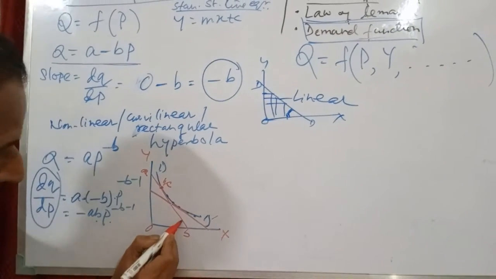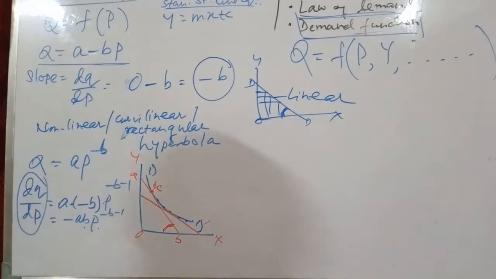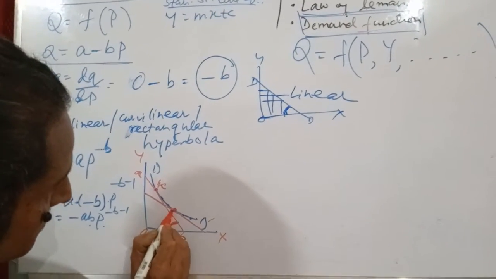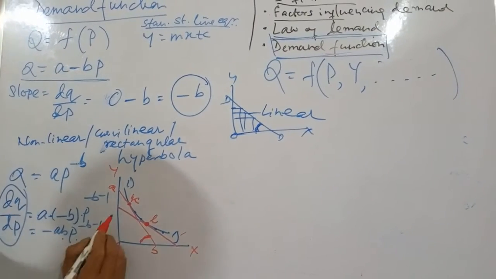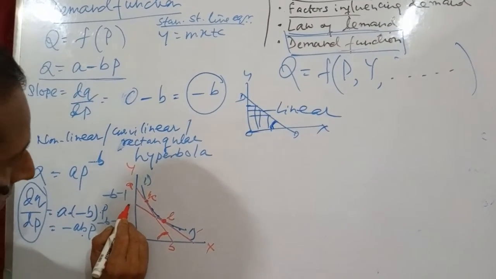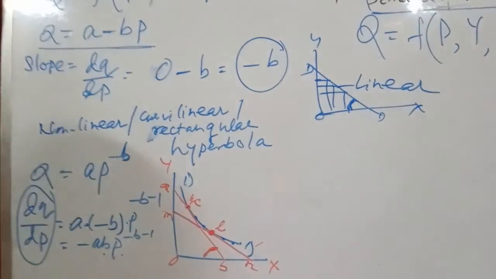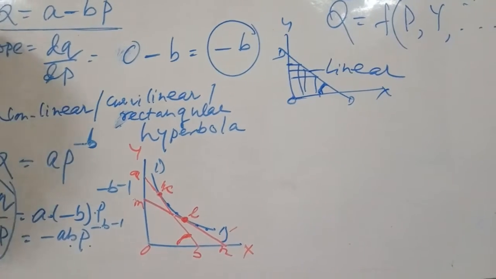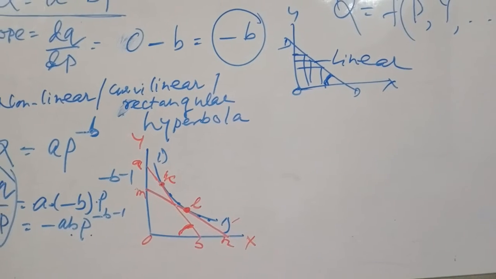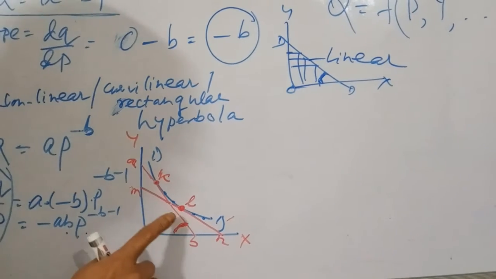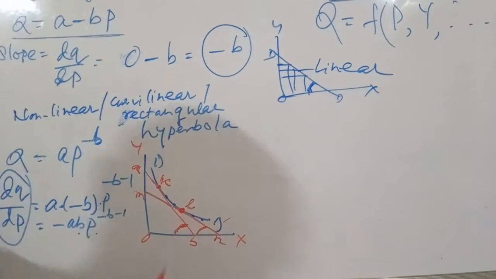So the slope of the demand curve at point K is the slope of the tangent AB, that is tan of this angle. Suppose this is point L. This is say MN. MN is a straight line which is tangent to the demand curve at point L. So the slope of the demand curve at point L is the slope of MN, that is tan of this angle.